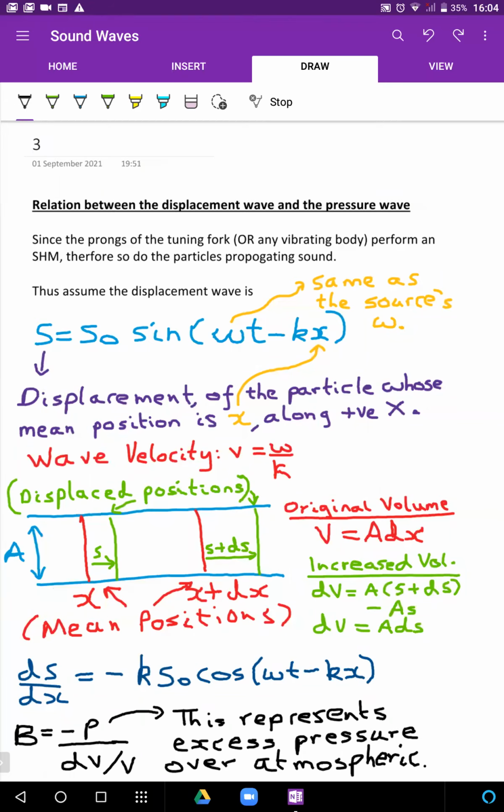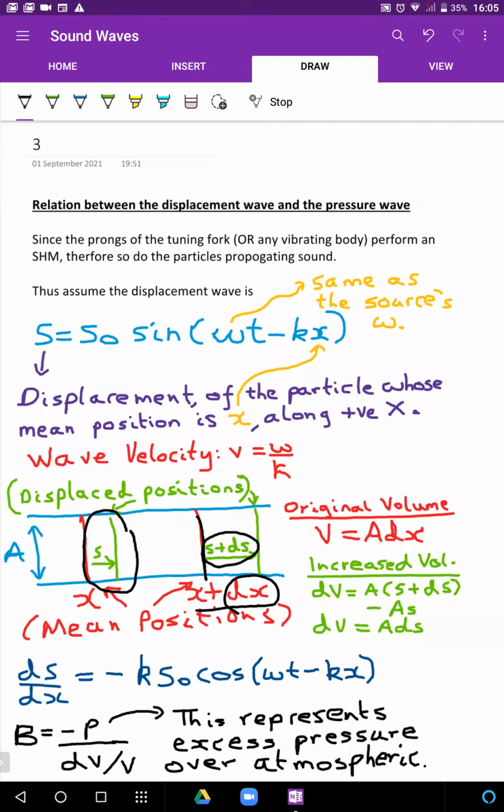Now, based on their x coordinate, we can get the displacement of each particle. So let's say the particle at x coordinate x has been displaced by an amount s. And now, because of taking the mean position as x plus dx instead of x, this particle's displacement will come out as s plus ds instead of s.